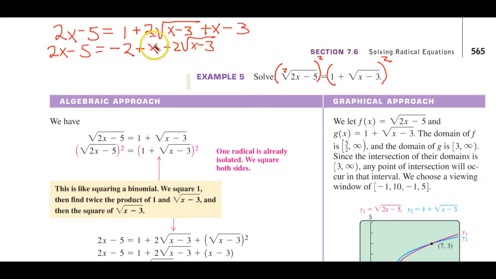Okay, so I'm going to bring this x to the other side, and I lose 1x, so this just becomes x here. I'm going to bring this to the other side. It becomes a positive 2, so this becomes a negative 3.